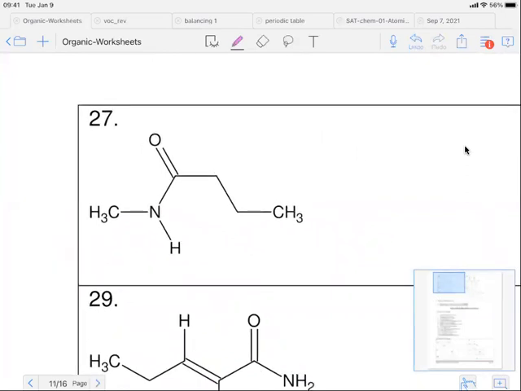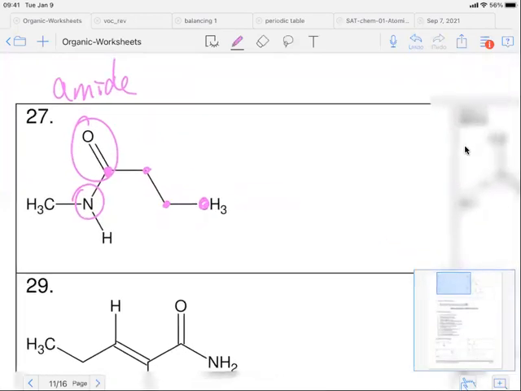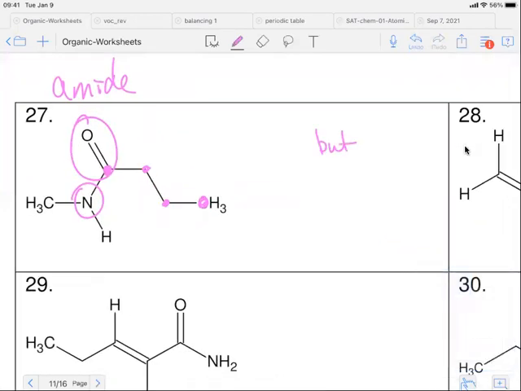And here we have nitrogen and a double bond, that says amide. So we're going to identify, starting from here, how many carbons are there? 1, 2, 3, 4. 4 is but. So we've got butanamide.